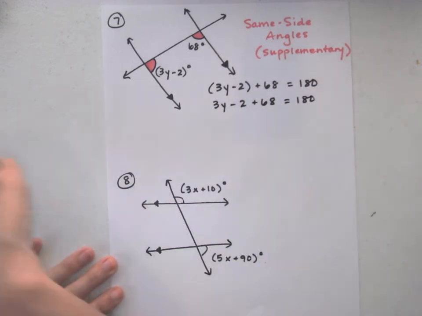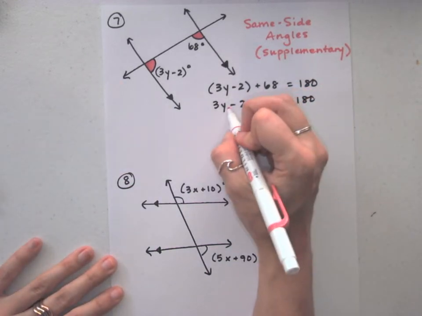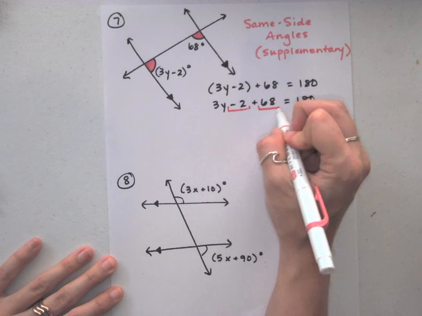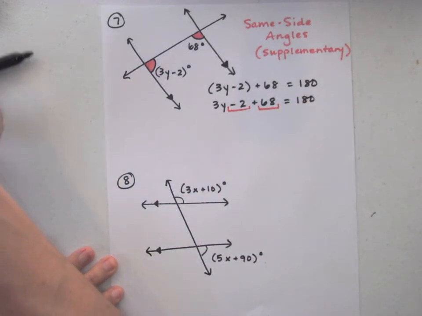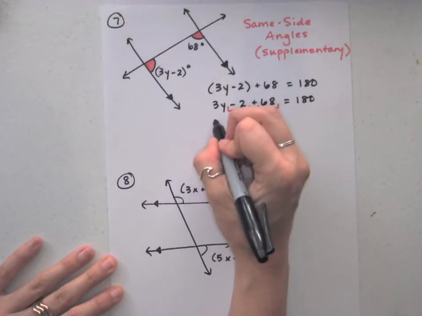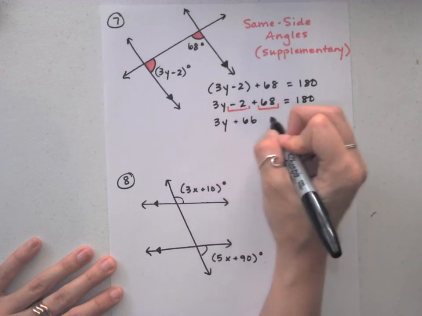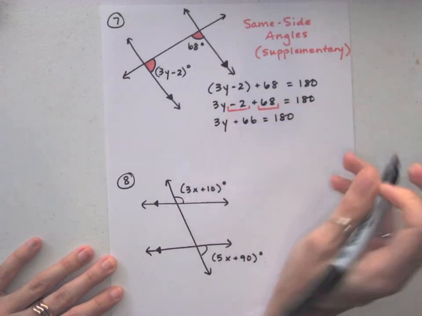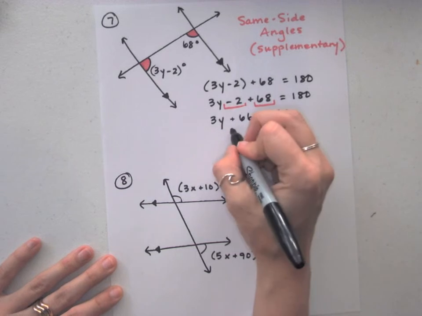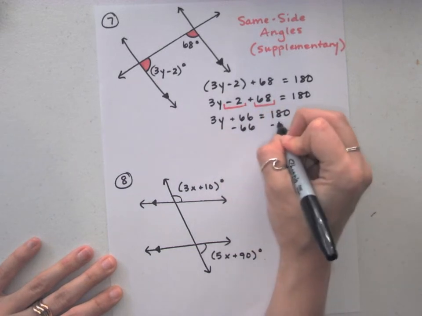Okay, then we need to combine our like terms. We have a negative 2 and we have positive 68. So you could think of that as 68 minus 2, which is 66. All right, now we need to get our 3y by itself. So we subtract our constant.